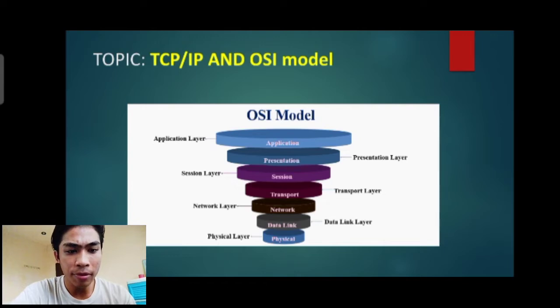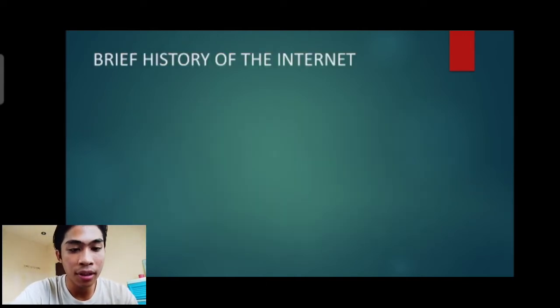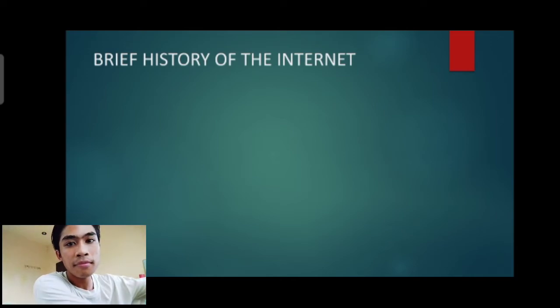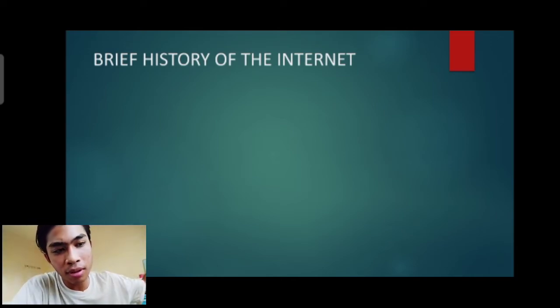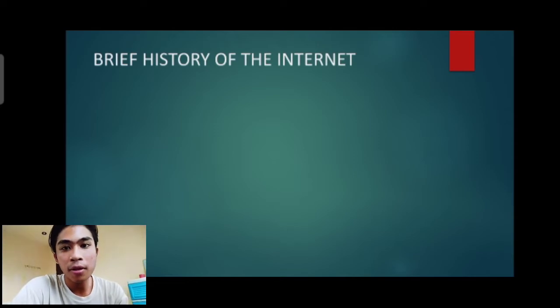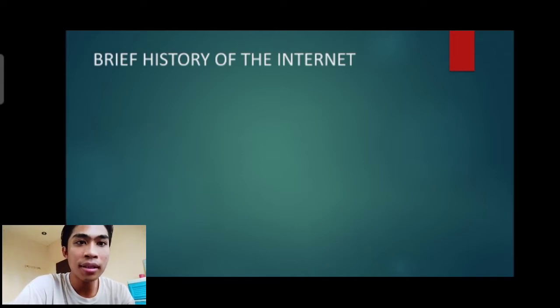Here is the visual representation of our topic this afternoon. Before we jump to the topic about what is TCP/IP and what is the OSI model, first we need to understand what is the internet. Who made the internet?